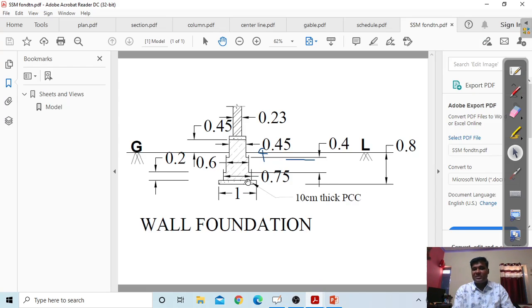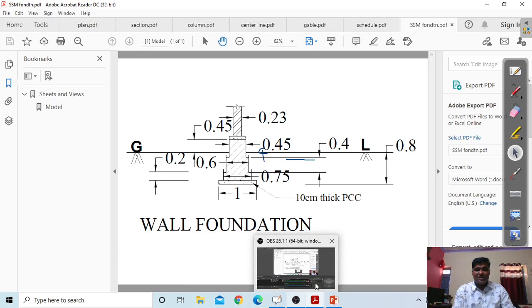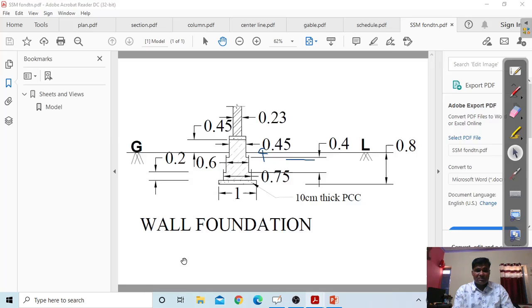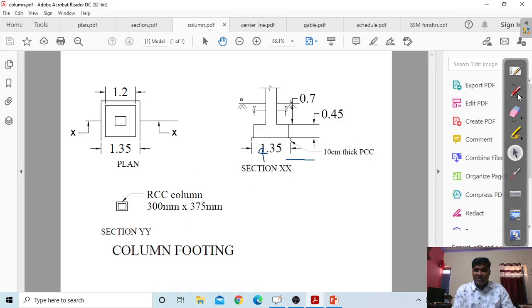And also in the column foundation, you can see from 0.7 meters. What is the width? That is the width of the column. It will go up to the plinth. So this height you need to calculate.